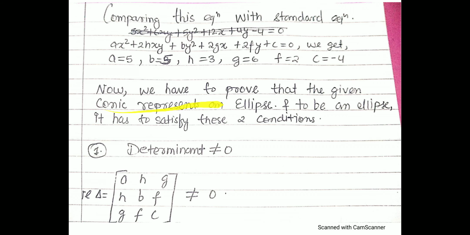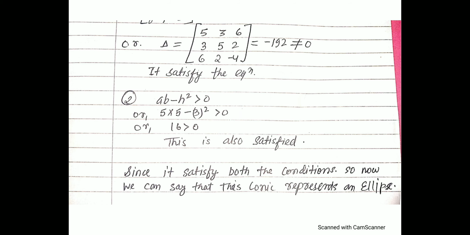Now we have to prove that the given conic represents an ellipse, and to be an ellipse the given equation should satisfy two conditions. Let's go for the first condition, that is the determinant must not be equal to 0. Finding its determinant, we get -96, which is not equal to 0, which means it satisfies the first condition.